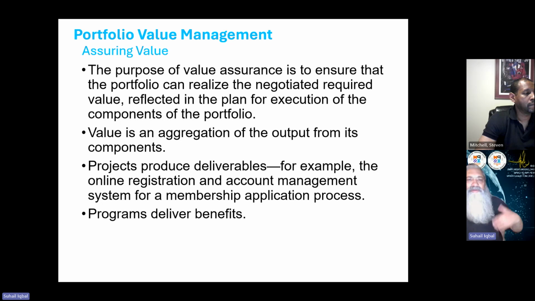So it's a comparison of what we promised and what we created, right? Based on the results of that, we can even go back to the negotiating table.